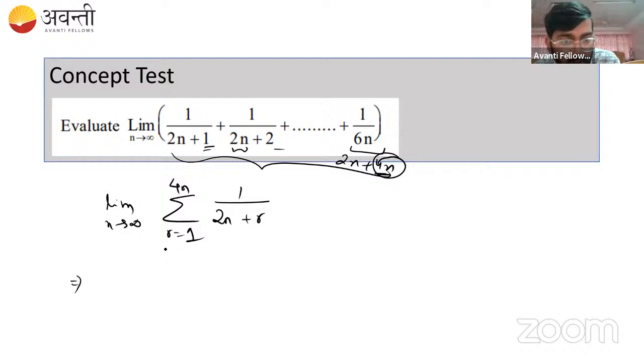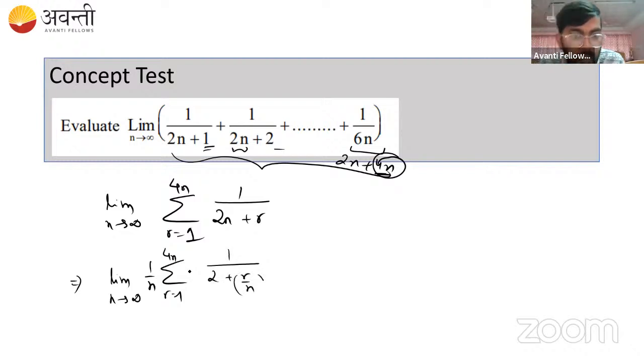Now similarly, I'll take n common. So I'll write it as limit n tending to infinity, summation r equals 1 to 4n. I'll take n common. This will become 1 upon n outside, and this will become 2 plus r upon n. Now we'll follow the third step which was given to us, and that third step is I write limit and sum as integration.